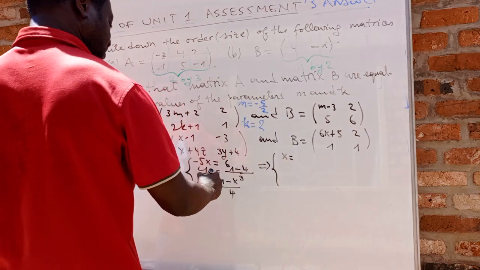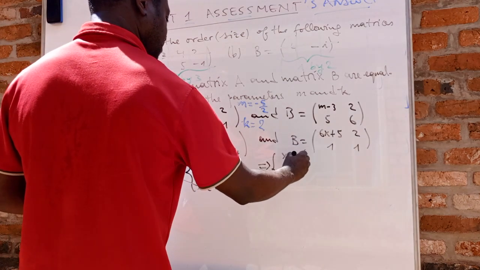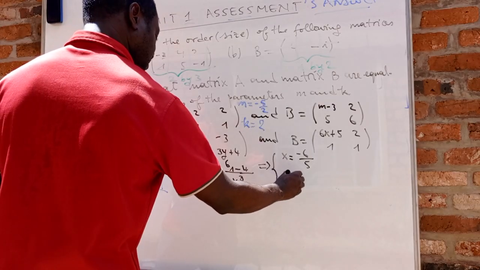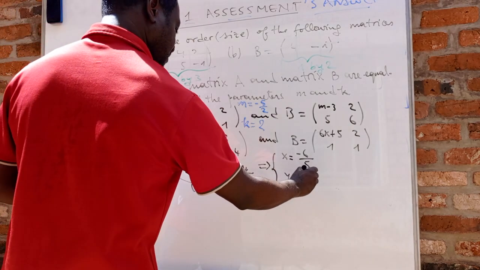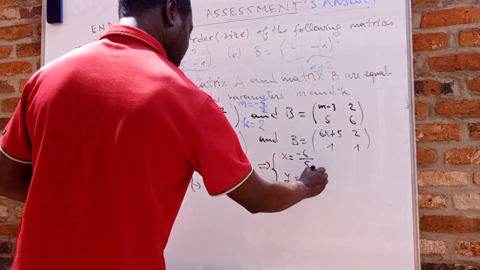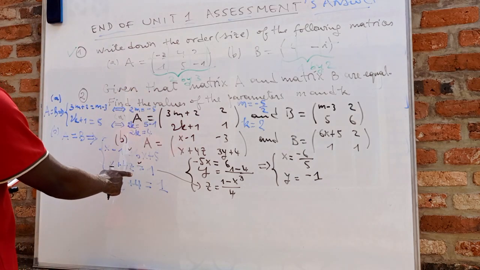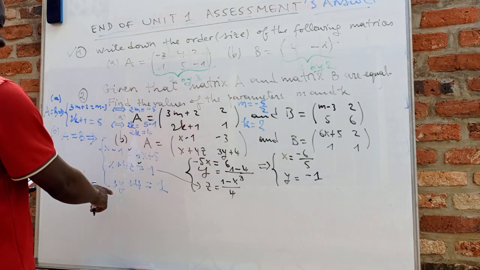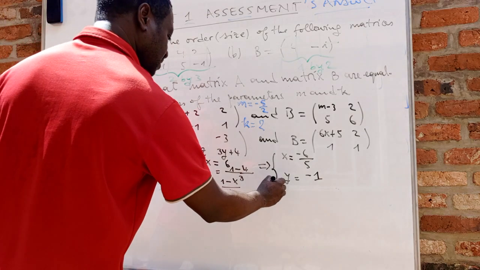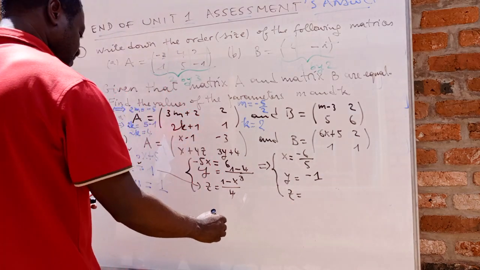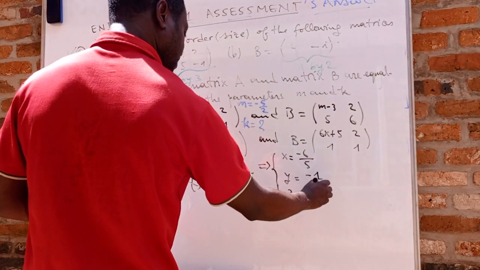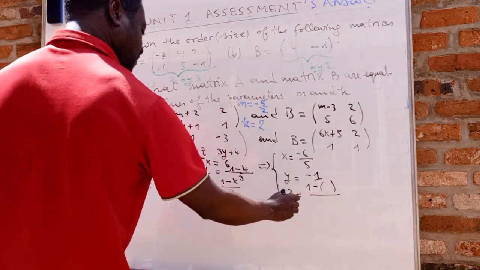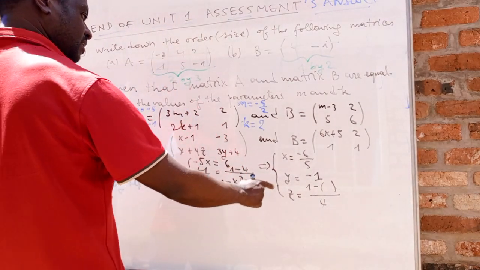We can have it as -6/5, and the value of y is equal to -1. Why? Because -3 divided by 3 is -1, and then z is equal to 1 minus x divided by 4. And what is x?